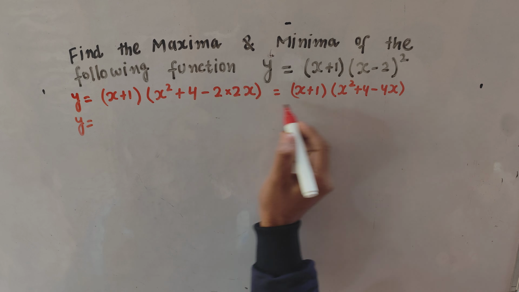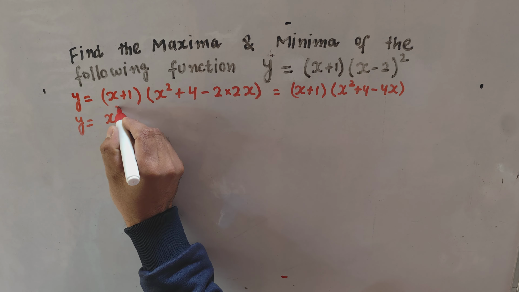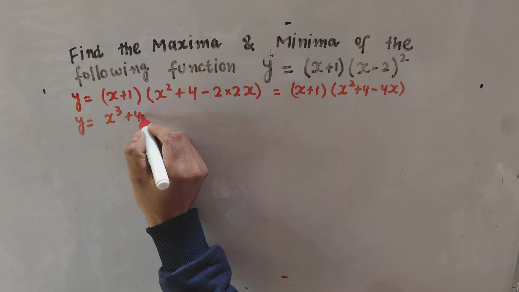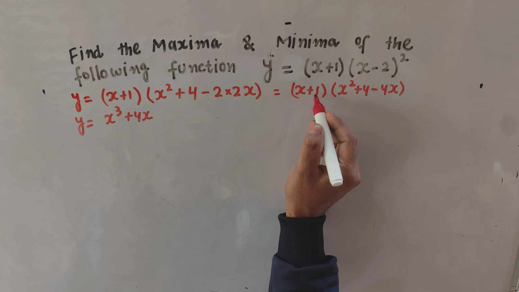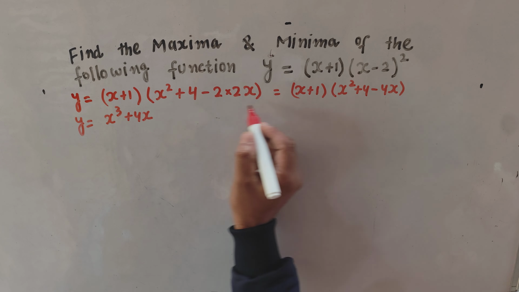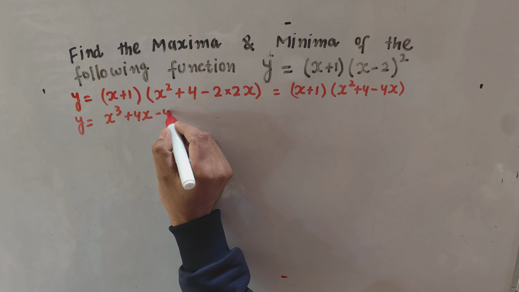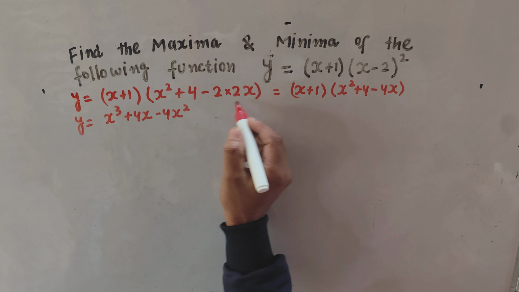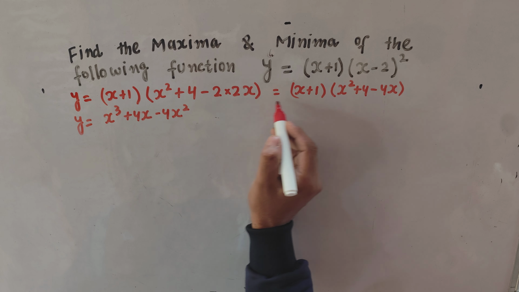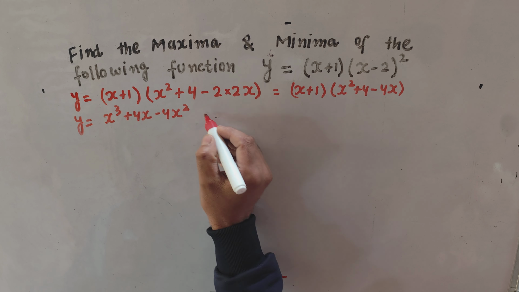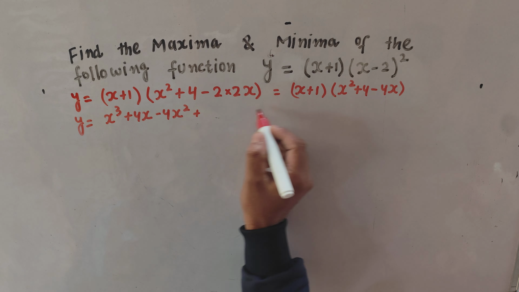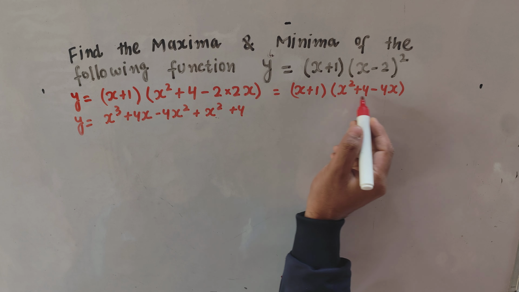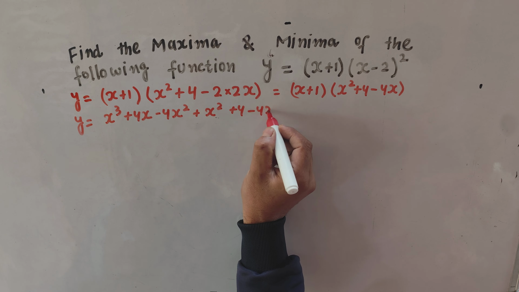So we have x into x square is x cube, then we have x into 4, which is 4x, then we have x into negative 4x, which is negative 4x square. Then let's multiply by 1, so we have plus 1 into x is x square, then we have 4, then plus into minus is minus 4x.